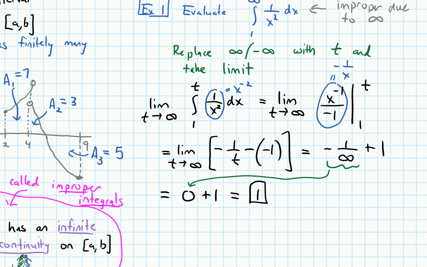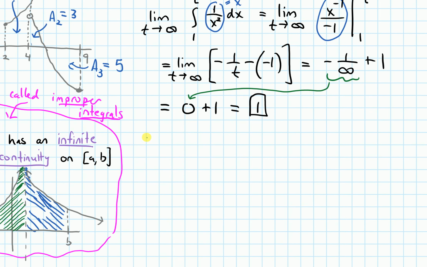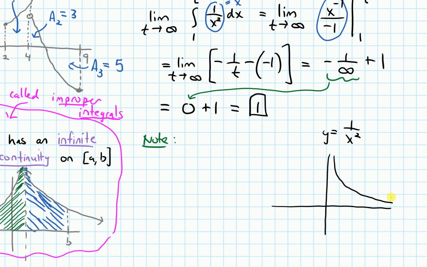All right, so there's one thing I want to note about this example. I just want to note, what does this mean geometrically? So this is a definite integral, so it should correspond to an area. So our function here was 1 over x squared, y equals 1 over x squared. And if we draw the graph of this function, the graph looks like there's one piece over here, and there's one piece over here.